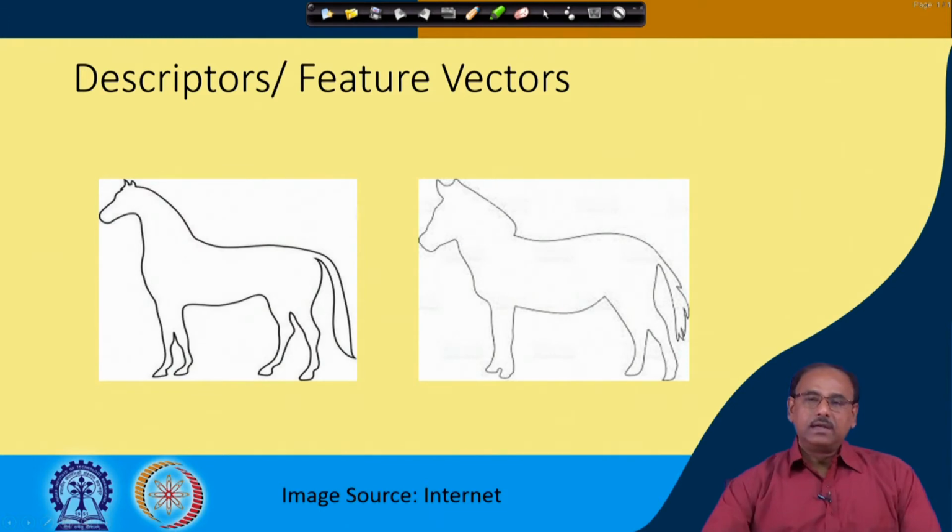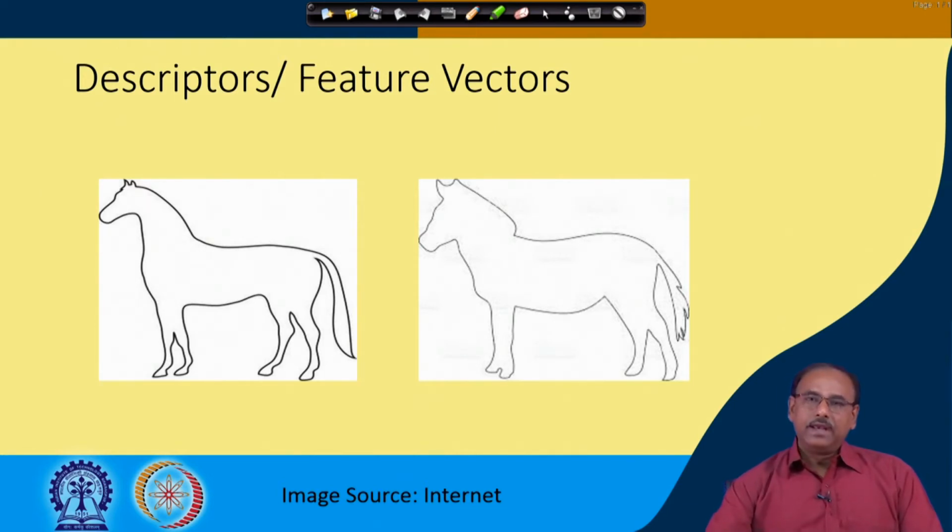So, if you look at the shape of these two animals, the horse and the zebra, you find that the shape boundary is more or less the same. That means this shape information or the boundary information does not give you sufficient description by which you can differentiate between a horse and a zebra.